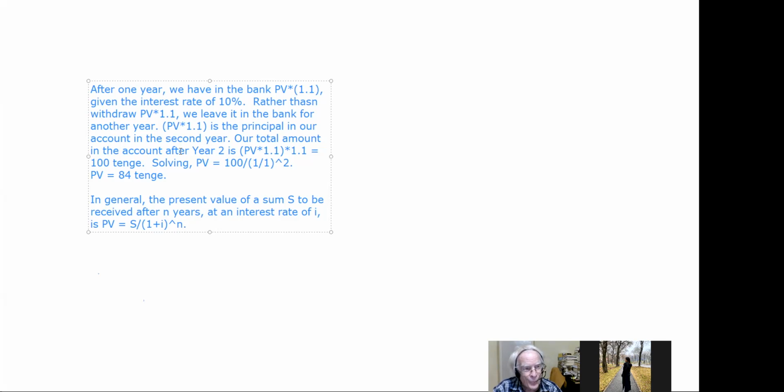In our example, the sum is 100 tenge to be received after 2 years at an interest rate of I, or 100 divided by 1.1 squared. That's where we got the amount.